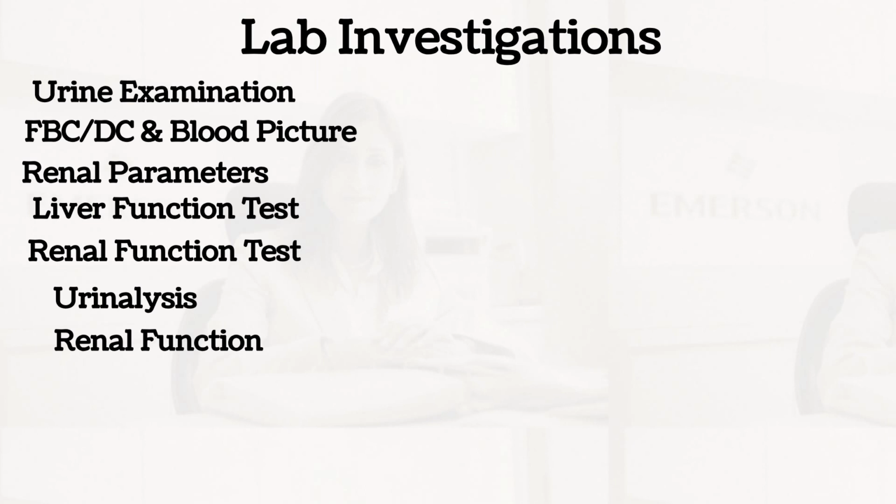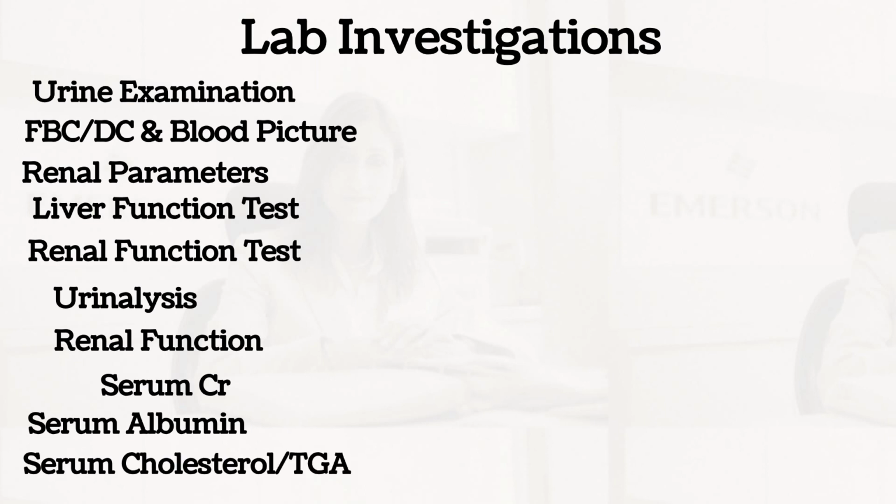Then you can have a serum creatinine, which may be normal or elevated. Then a serum albumin, which is less than 25 grams per liter. You also have to check the serum cholesterol and triglyceride levels, which also may be elevated.